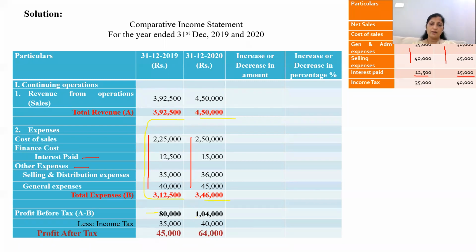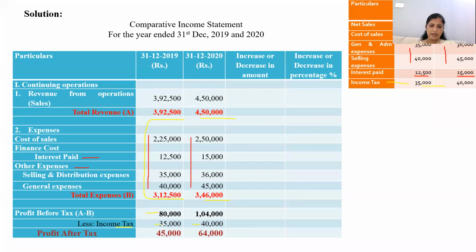2020 is 1,04,000. From this, you reduce income tax. So income tax is here. What is it? 35,000 and 40,000. So here I have taken those two figures. You reduce income tax from profit before tax.